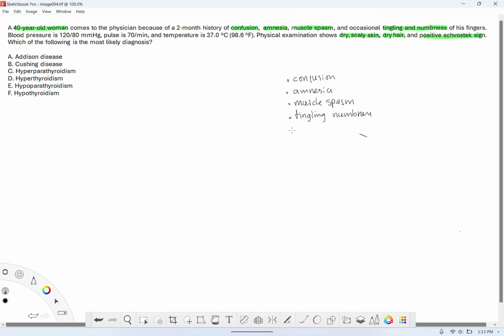When I look at this, in addition to the dry skin, should be dry scaly skin, right? So dry scaly skin. Okay. Dry hair.